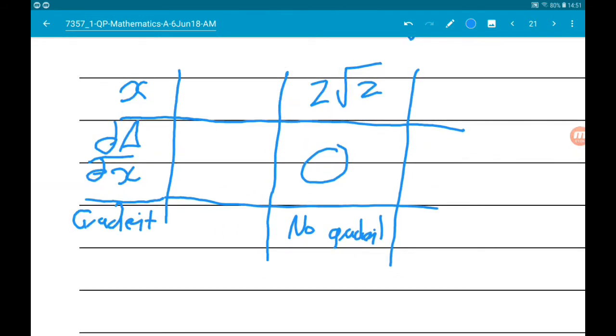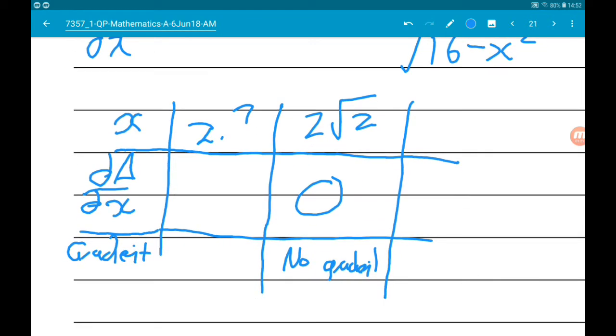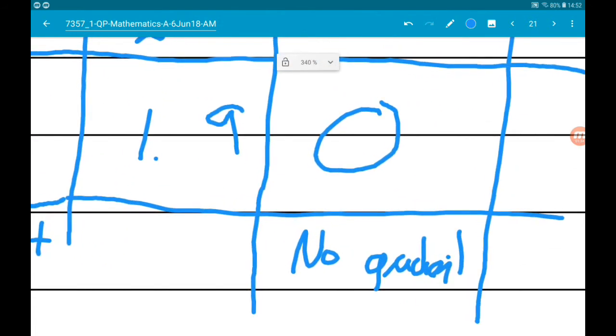So if we try a value of x directly to the left, say 2.7, then we substitute that into our derivative, and if you do that to one decimal place, I get 1.9. So that is a positive gradient.